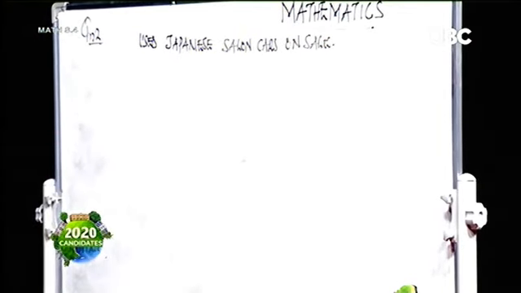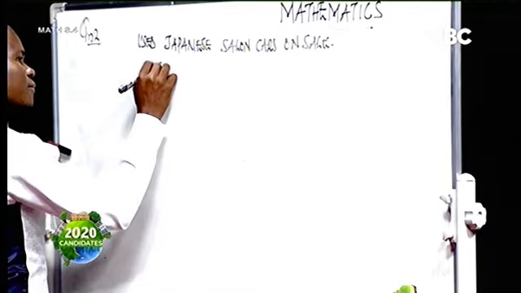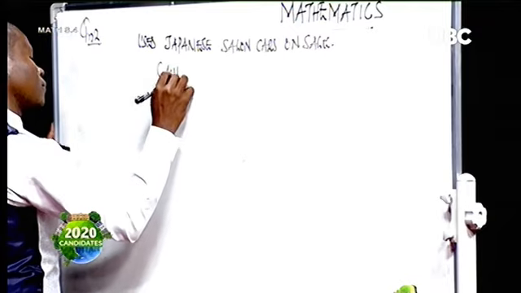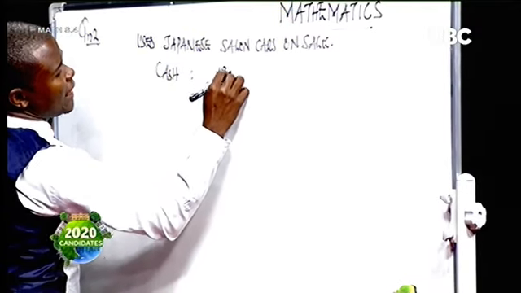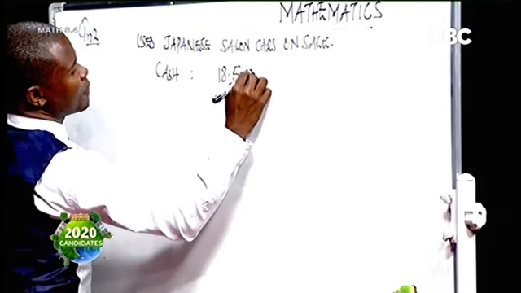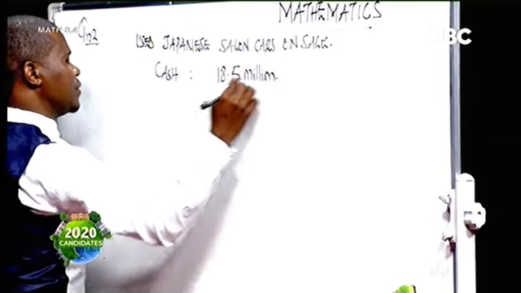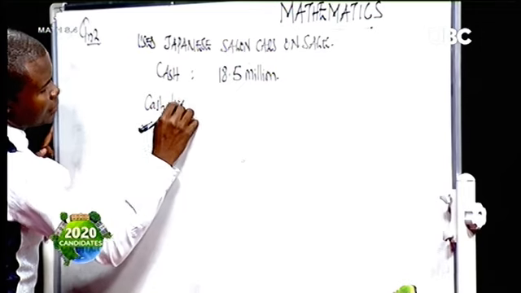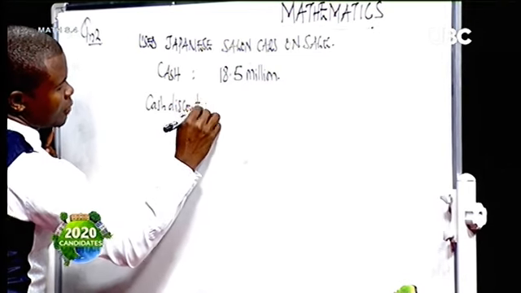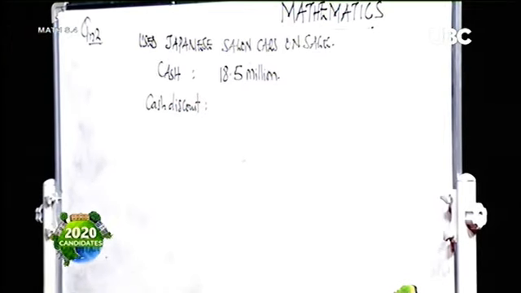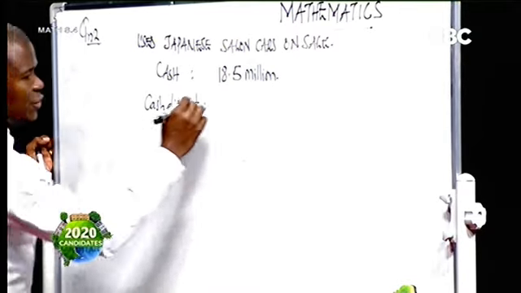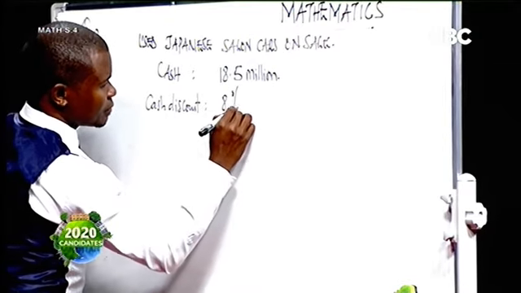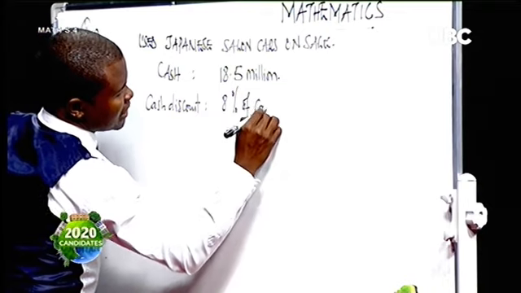Cash, 18.5 million. Cash discount is 8% of the cash price.